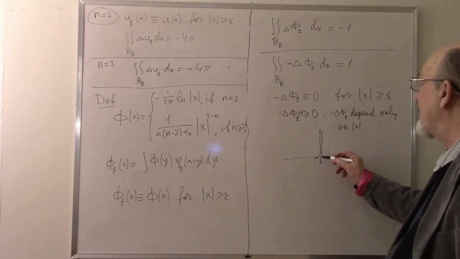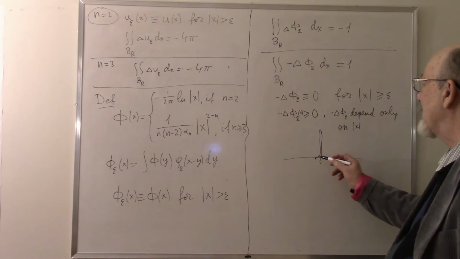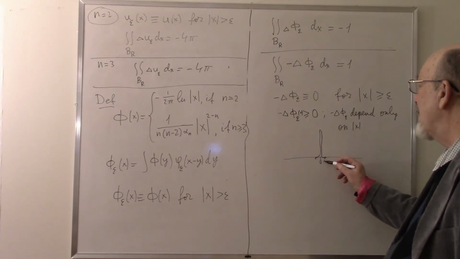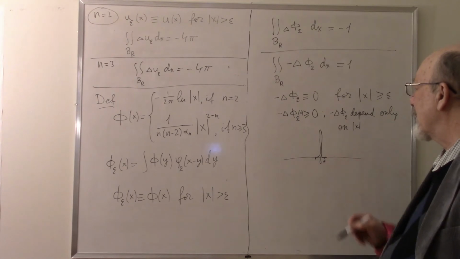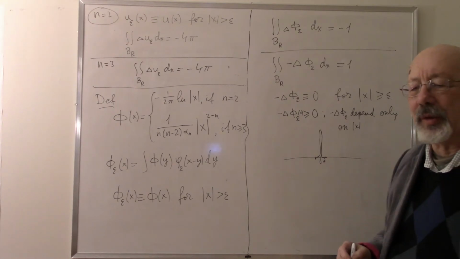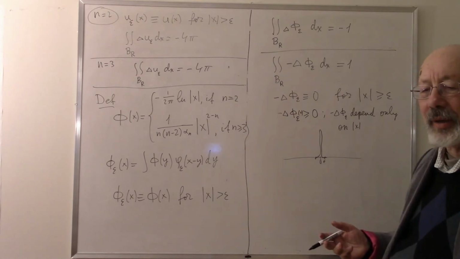We see that this function is concentrated near 0 in the epsilon neighborhood. Its integral is 1, it is positive, so it is just like delta function.